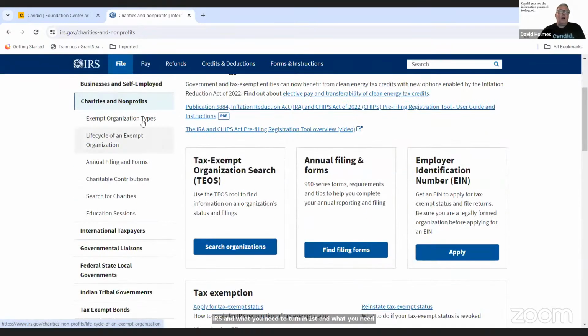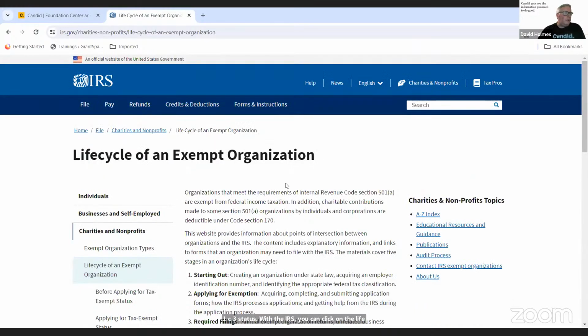And my favorite part of all of this information, there's a lot of information out here, so it can be confusing. But if you want to know the process of applying for a 501c3 status with the IRS, you can click on the life cycle of exempt organizations.